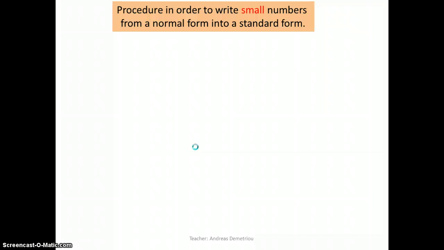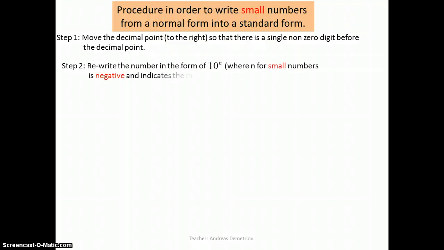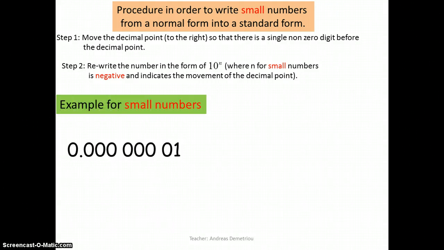Now let's see an example of how to change small numbers from normal form to standard form. Now we need to move the decimal point to the right so that there is a single non-zero digit before the decimal point, and we write the number in the form of 10 to the power of n, where in this case n for small numbers is negative. We see this number.